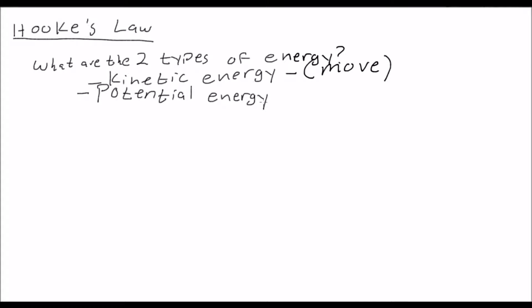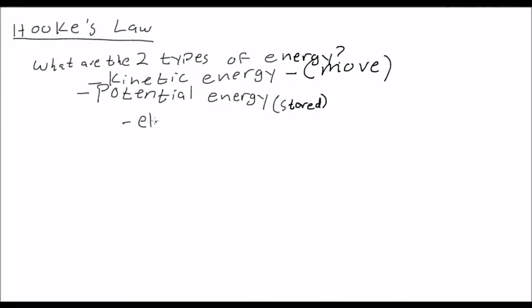With potential energy, we have stored energy. This is the energy that's held, that's contained in something. We're talking about Hooke's law, so we're talking about springs, and we know springs are elastic.